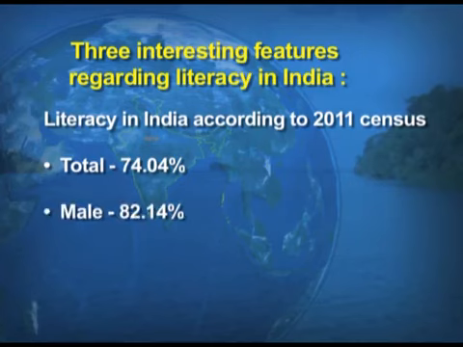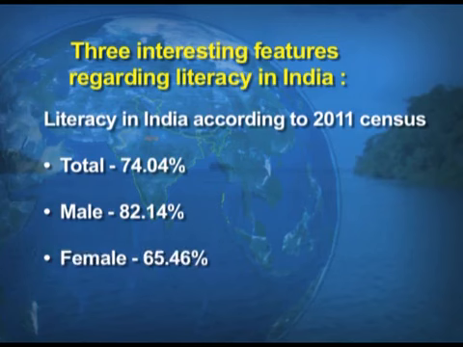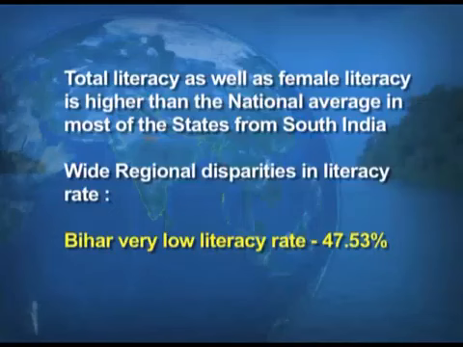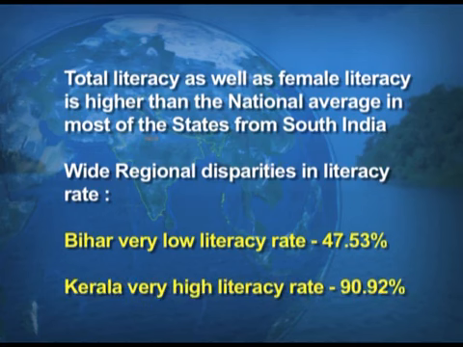For the males this is 82.14, and for the females this is 65%. There are wide regional disparities in the literacy rate. Bihar is the state with the lowest literacy, that is 47.53%, whereas Kerala has the highest literacy rate of 90%.